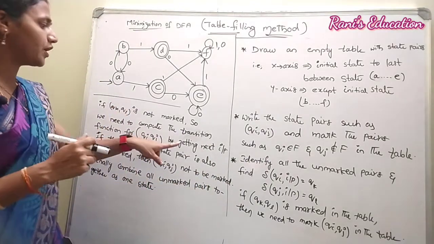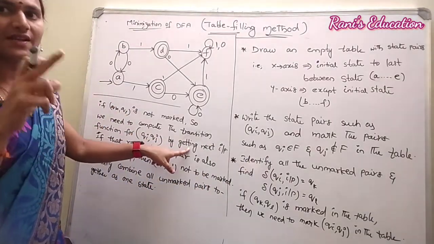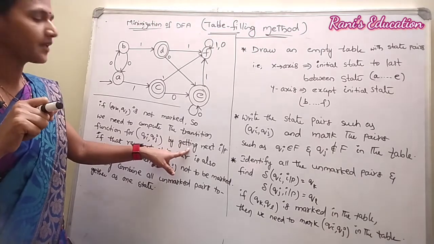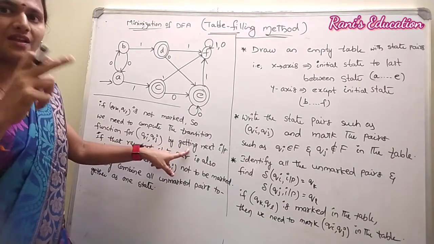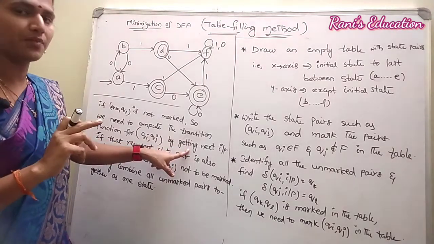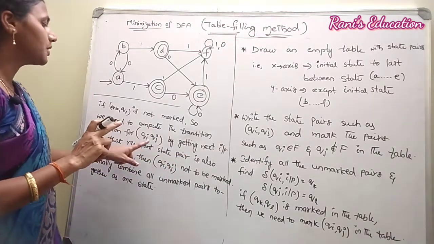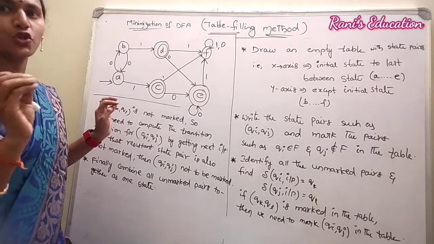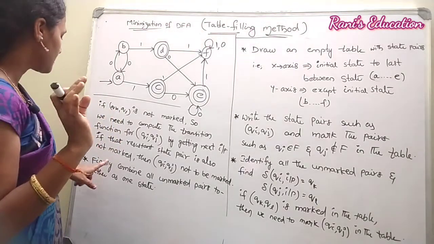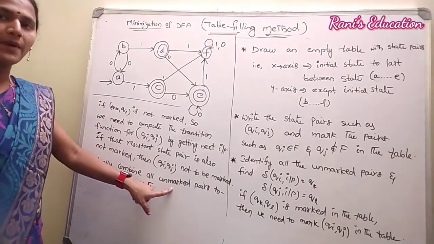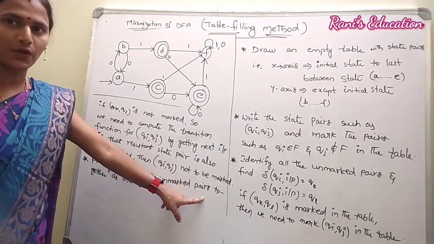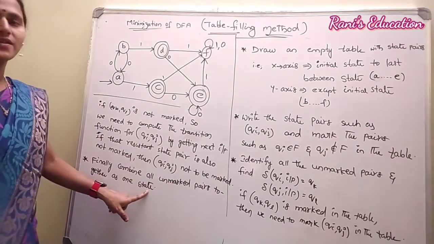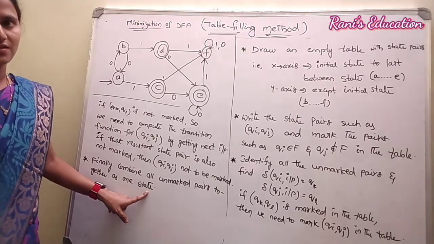Here also we observe the resultant state pair we got. If the resultant state pair is marked in the table, we are supposed to mark that state pair in the table. Otherwise we should not mark it. Finally we are going to combine all unmarked pairs together as a single state.